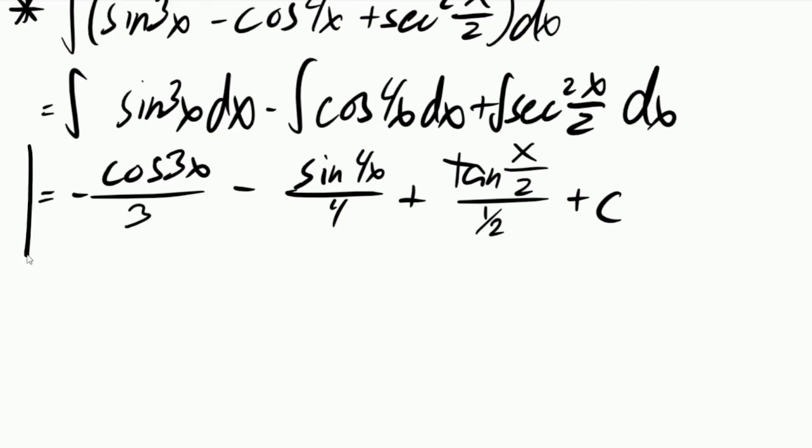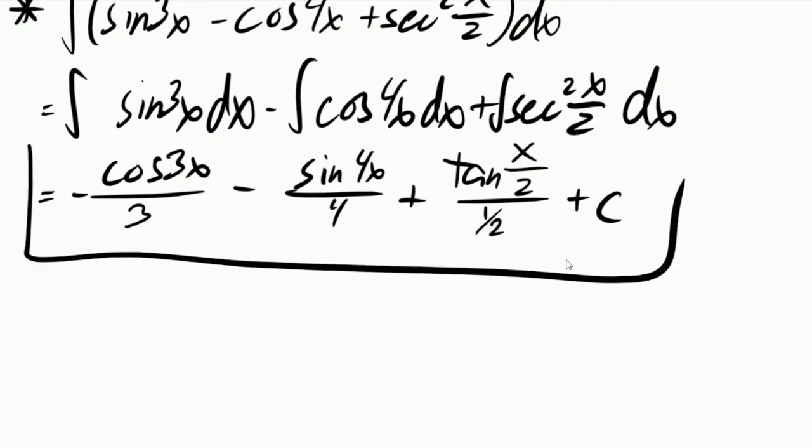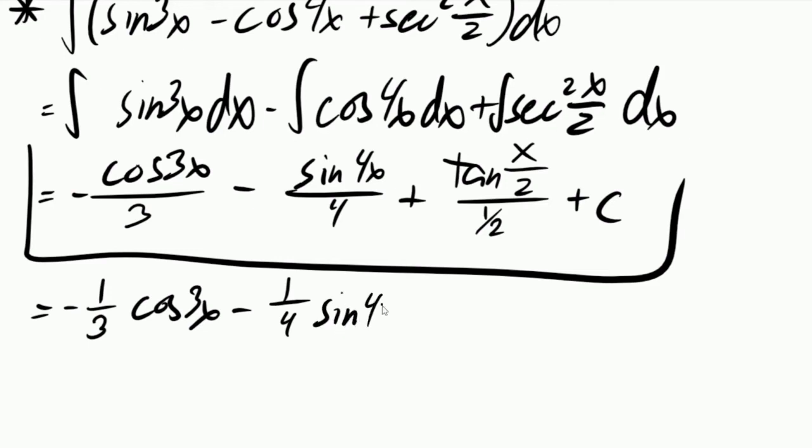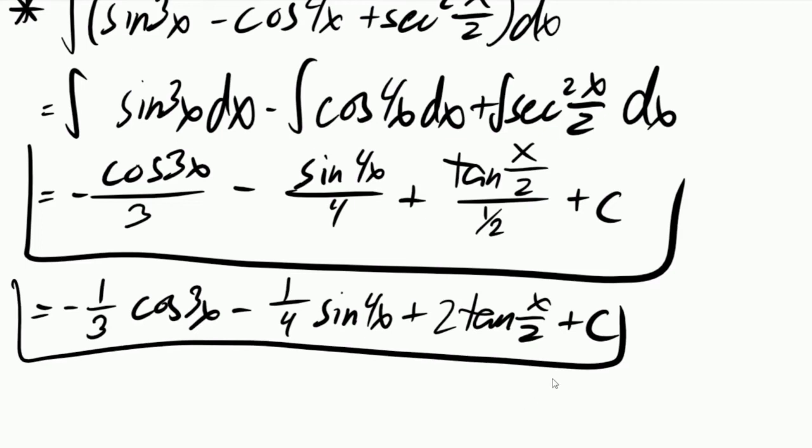So like that is the final answer. Or if you want to simplify it more, we have negative 1/3 cosine 3x minus 1/4 sine 4x plus 2 tangent x over 2 plus c. Okay, next problem.